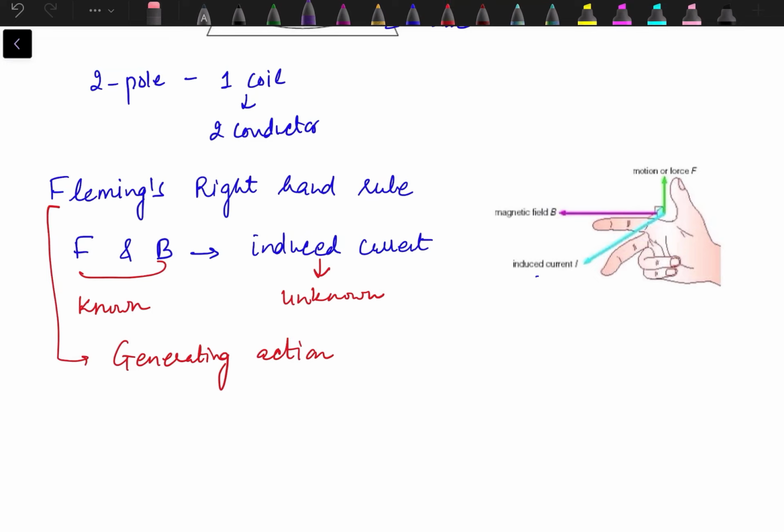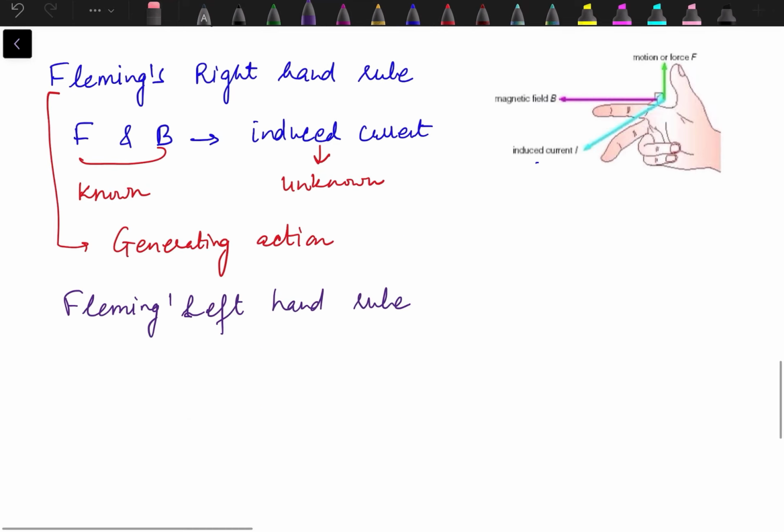Similarly, we have Fleming's left hand rule which is applicable to motoring action. Now what is motoring action?